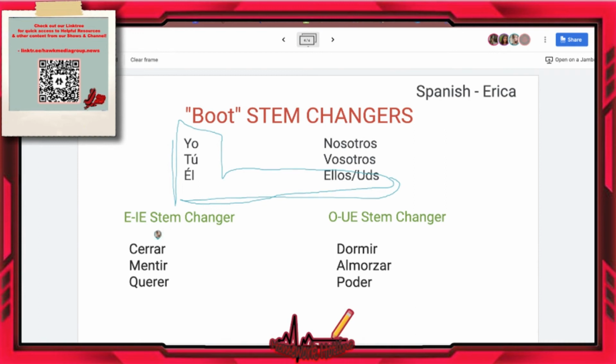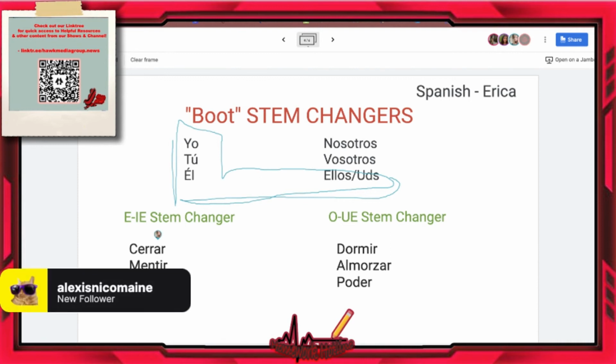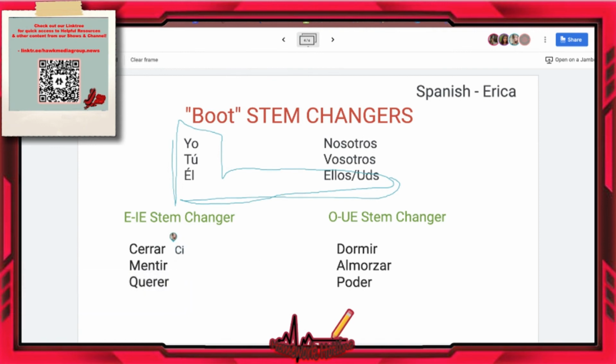So this is going to change to cierre. Whatever you're putting after it, let's say you are closing the door, you say, yo cierro la puerta.